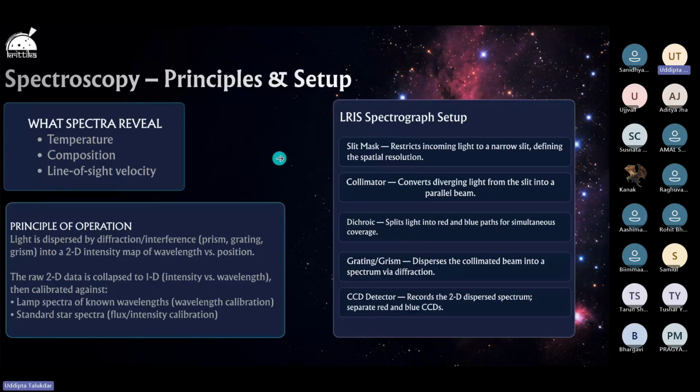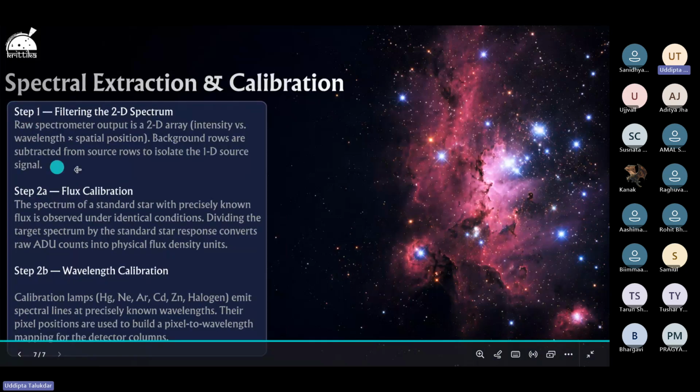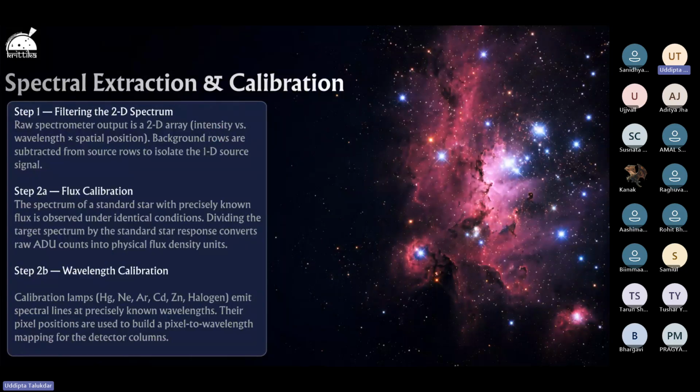Light also could have come from the sky background above the star and below the star. So we need to fix the problem of the sky background again. So our raw output is a 2D image and we need to squish it down to a 1D.